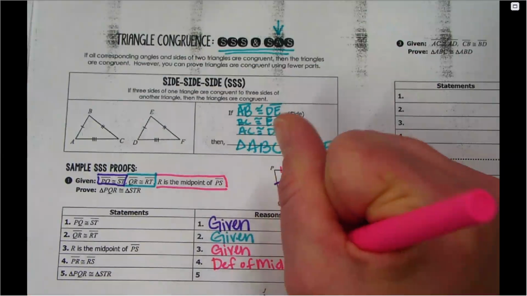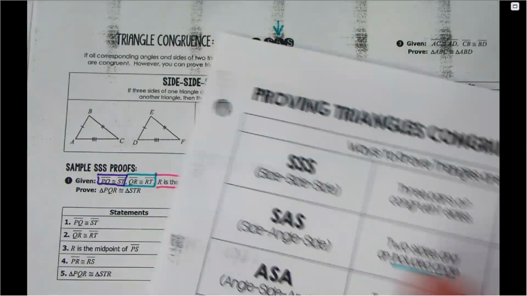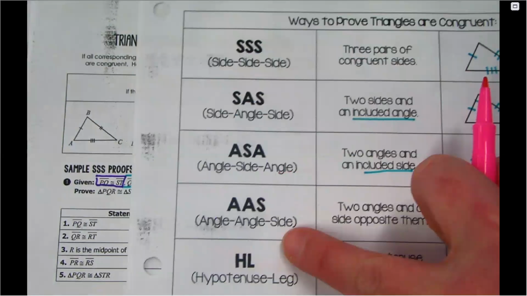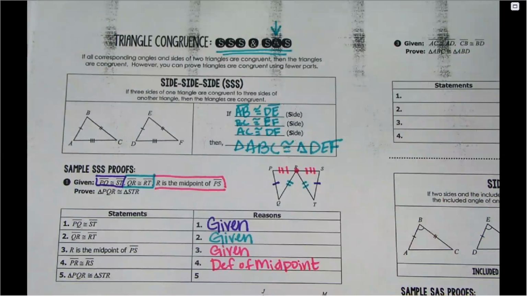Now, the last one is going to be either SSS, SAS, ASA, AAS, or HL. Okay, so it's going to be any of these options depending on which one you used. Now, for these, it's like, duh, it's going to be SSS because that's what we're working on.